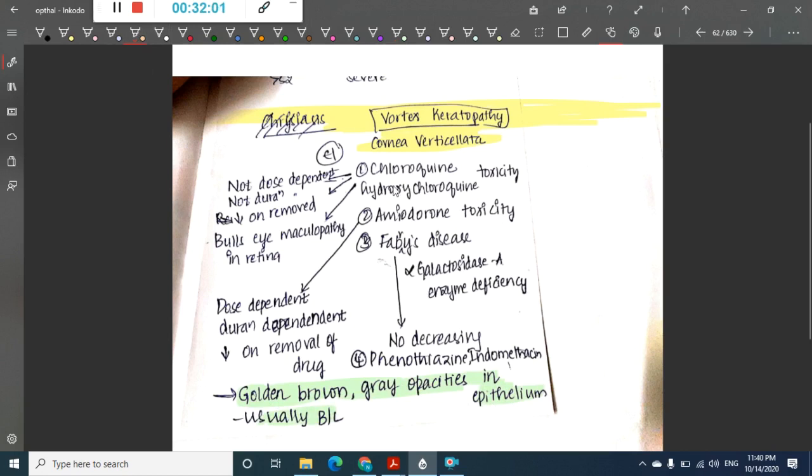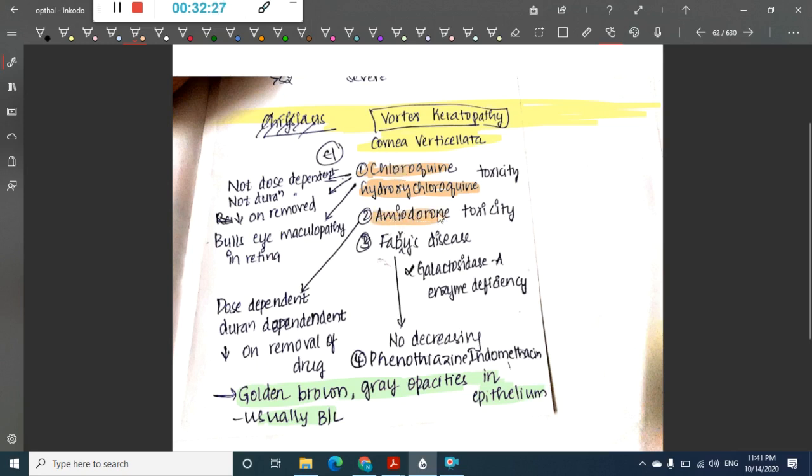The drugs associated with it are chloroquine or hydroxychloroquine toxicity. This is a non-dose dependent and non-duration dependent lesion, decreased on removal of the drug, and chloroquine also causes bull's eye maculopathy in the retina.